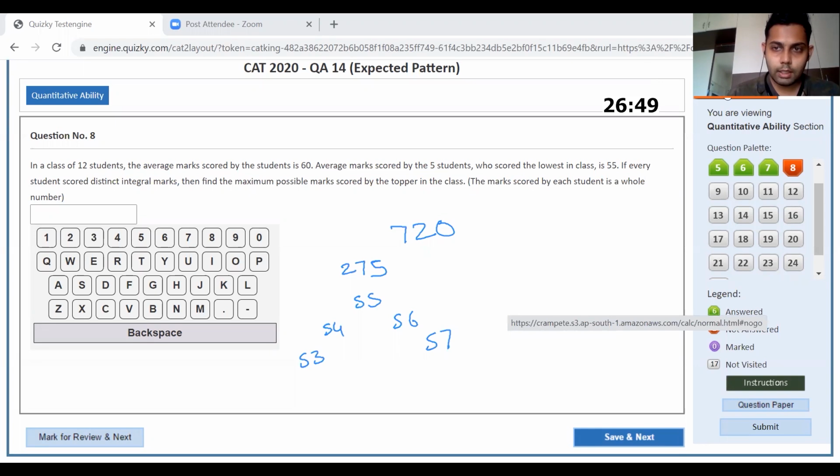So 58, 59, 60, 61, 62, and 63. So 1, 2, 3, 4, 5, 63 is 6 and 7, and here 5 is 12. So 82 is the highest possible score.